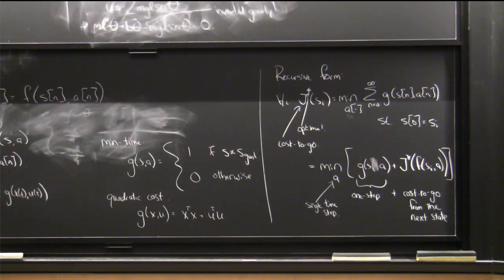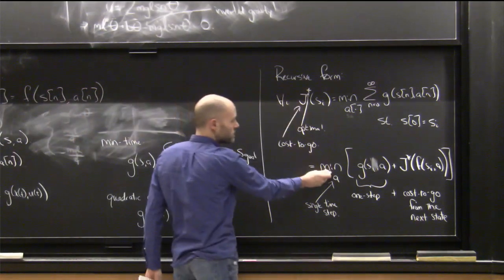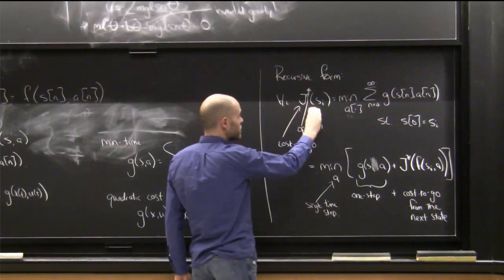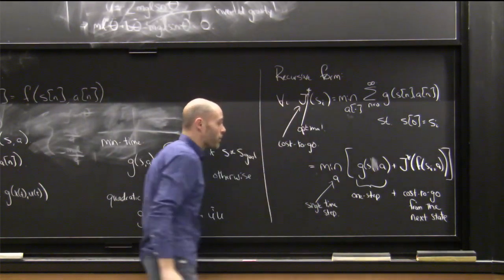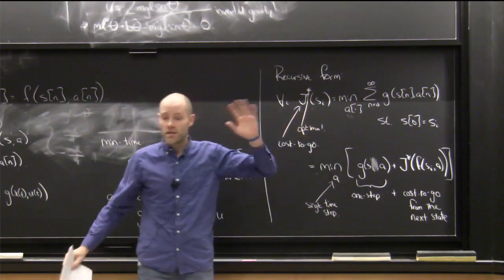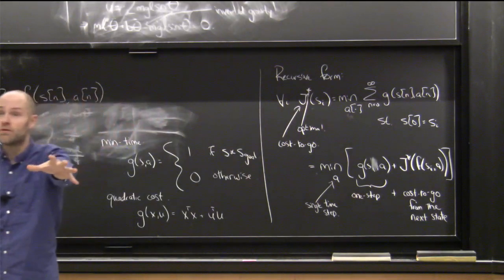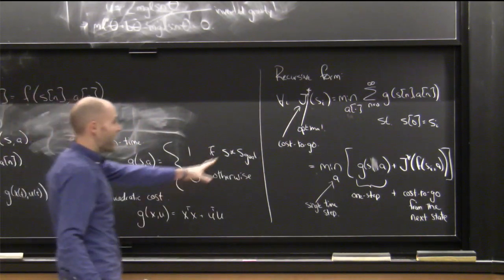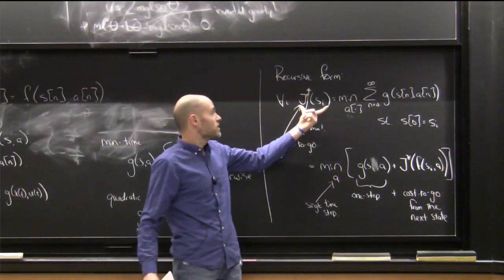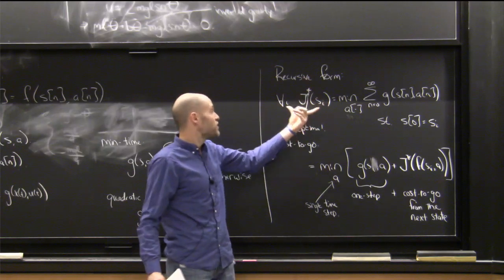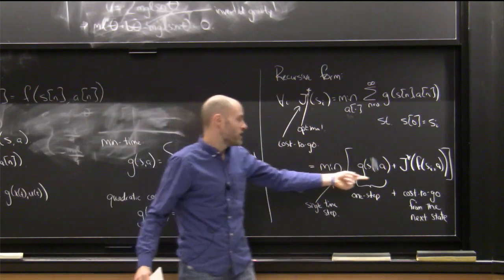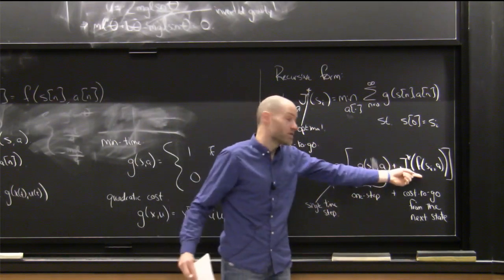Okay, so this is the standard famous dynamic programming recursion. It's an equation that certifies optimality, right? So if I have a controller that I want to convince you is optimal for this additive cost function, I can do that by providing the cost to go function, and you would then check, does it satisfy this equation? Does J equal min over a of g of s, a plus J star?